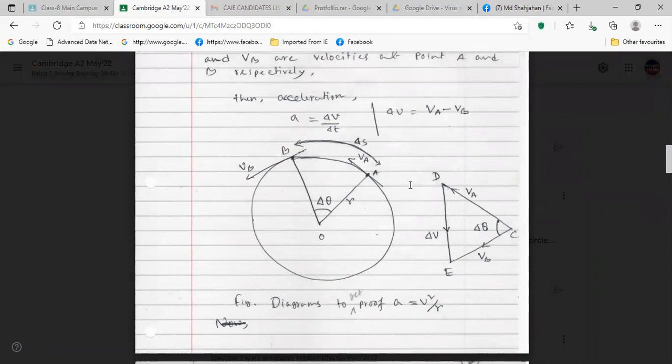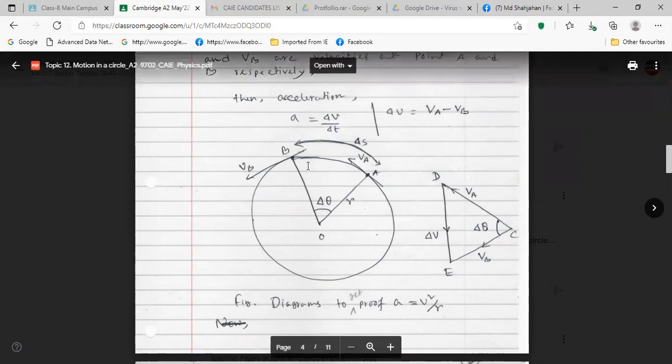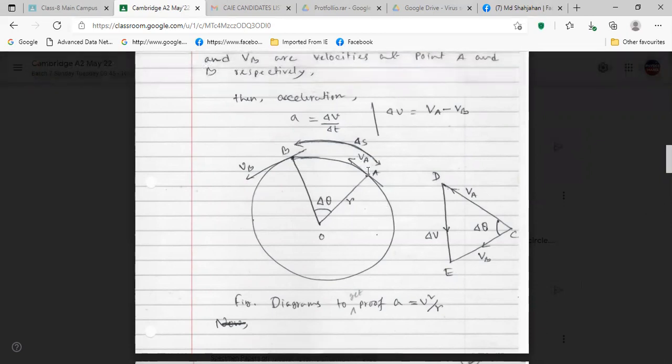Yes, sir. How OAB we are getting from here, like this part AB we are considering as a straight line. That's why we are thinking this one is a triangle OAB.